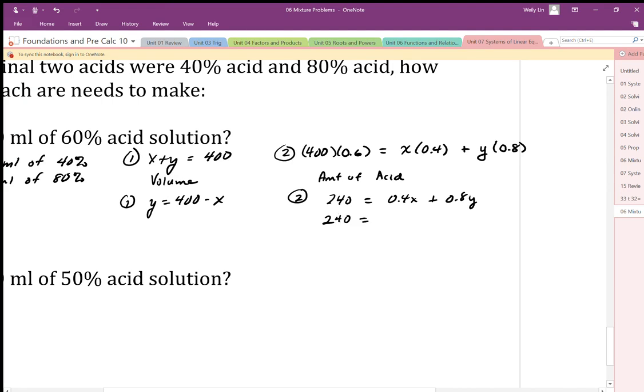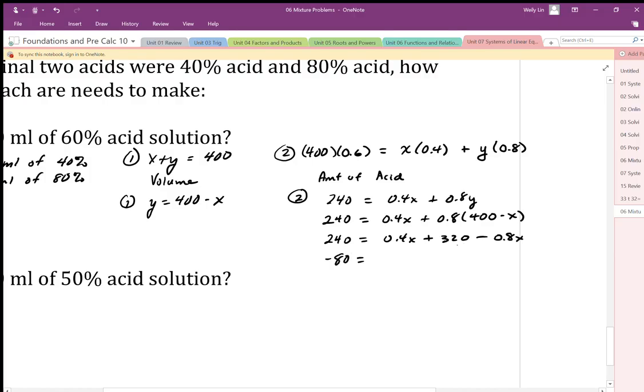So I get 240 is equal to 0.4x plus 0.8 times y, which is 400 minus x. I'm going to multiply this out and solve for x and y. So we end up with 0.4x plus 320 milliliters of acid minus 0.8x.